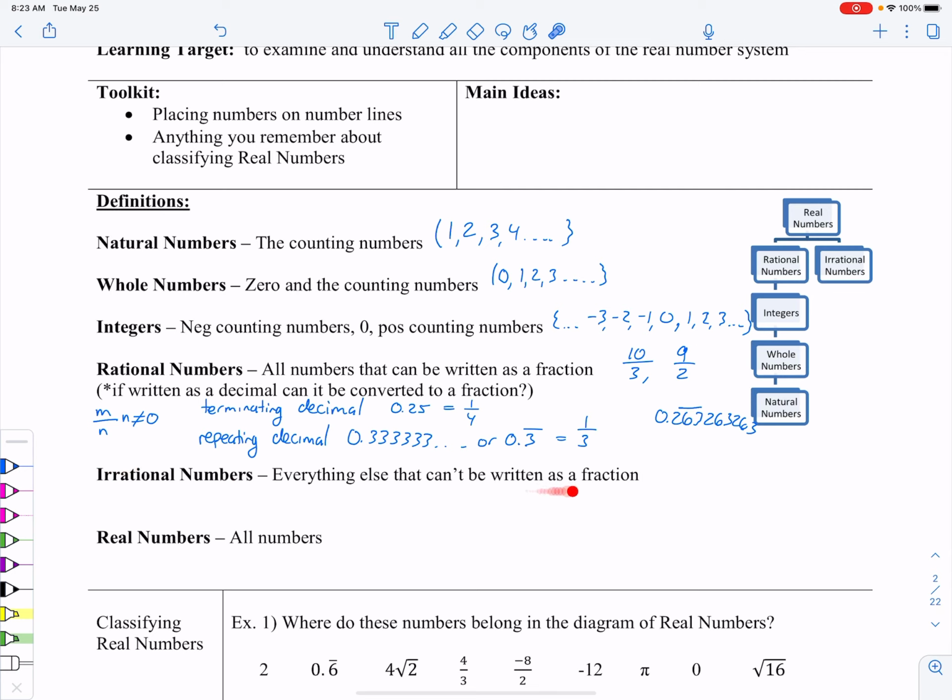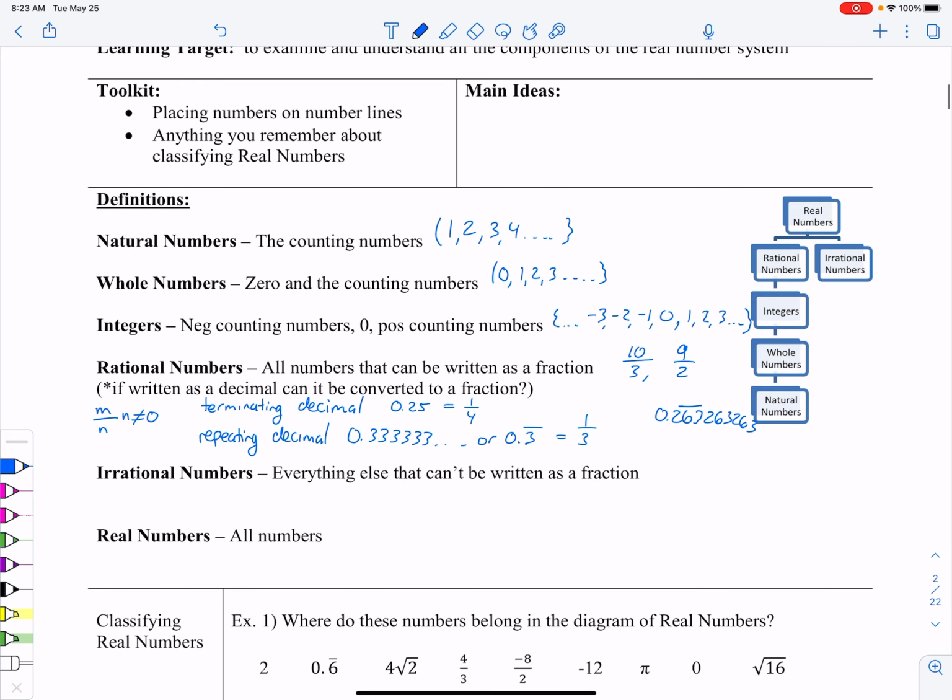An irrational number is everything else that cannot be written as a fraction. For example, a number that continues on with all sorts of different decimals, like 1.32478, blah, blah, blah, keeps going, or 3.7246, etc. It keeps going. You can also have symbols that represent numbers, for example pi, which is 3.14 and then continues on with lots of different decimals.